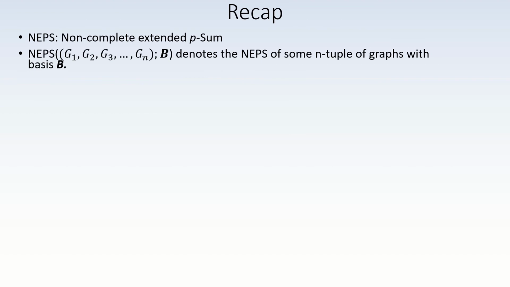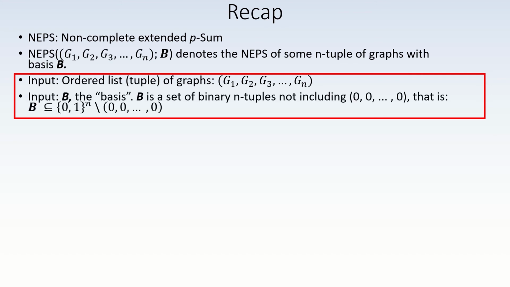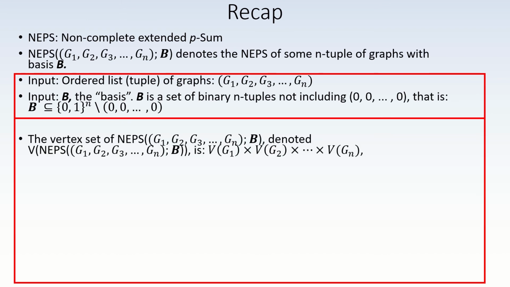NEPS stands for non-complete extended p-sum. The NEPS takes as its input a tuple of undirected graphs, as well as a set of binary n-tuples. The NEPS outputs an undirected graph with vertex set equal to the Cartesian product of the vertex sets of its input graphs, in the order in which they appeared in the input tuple of graphs.